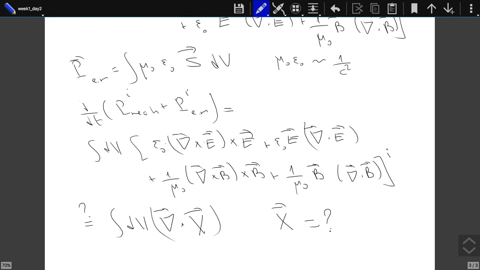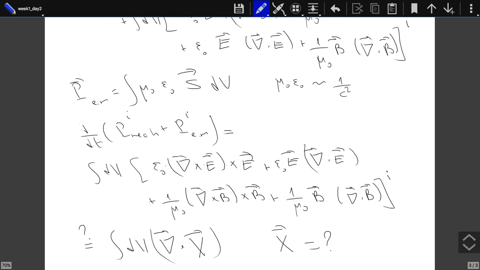So we need to show that this is actually the divergence of this quantity, and we have to find what that quantity is. That is what we will do in the next hour. So at least part of the derivation is already complete.